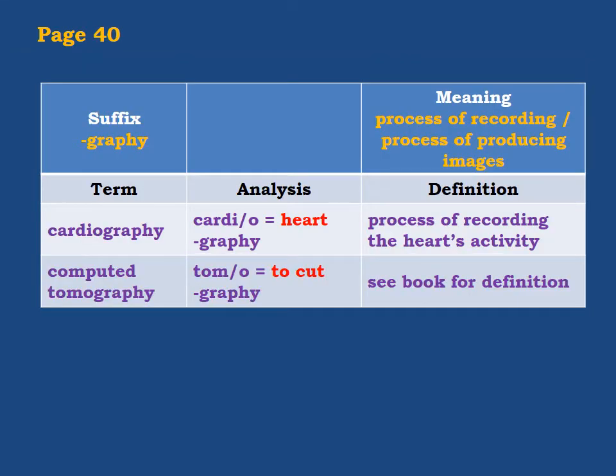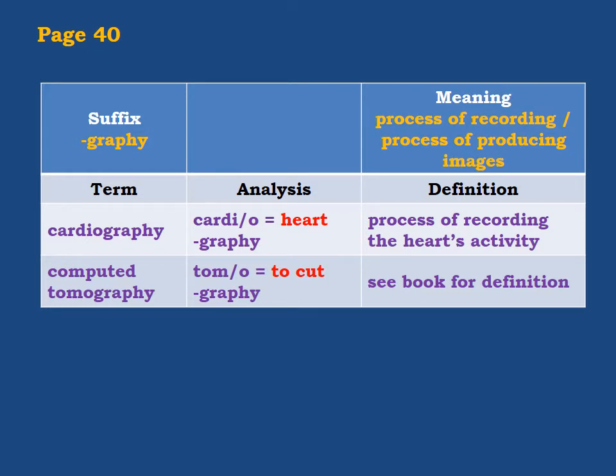Now, page 40, we have graphy, suffix graphy, and it means the process of recording or the process of producing images. You see here, if you compare this to the previous two, the first one was gram, then we have graph, and this one graphy.